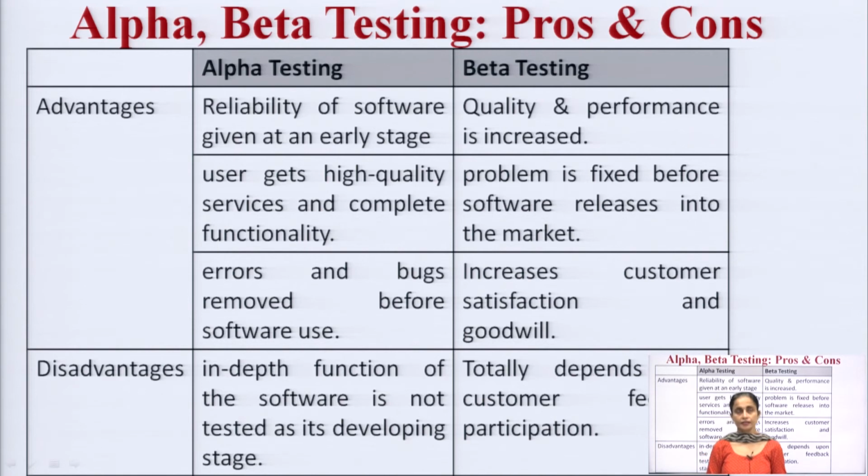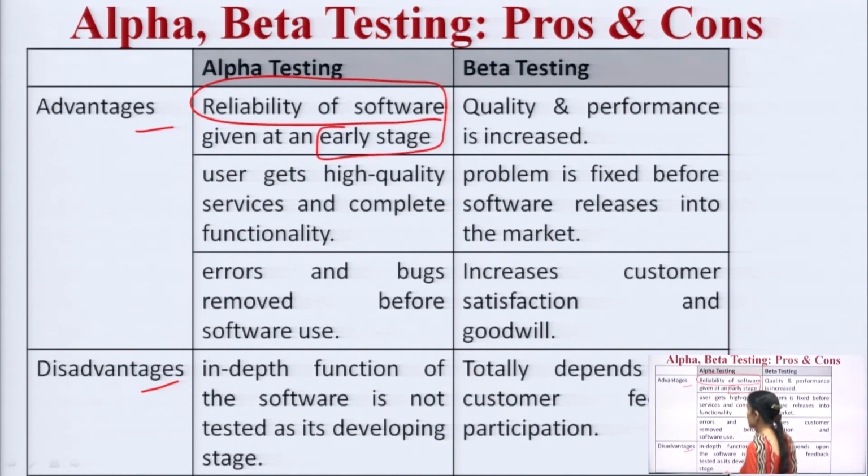Then let us discuss the advantages and disadvantages of alpha testing. Alpha testing checks the reliability of the software at a very early stage. We can look at the internal logic of the software, how reliable it is for the customers, and before releasing it we come to know that.